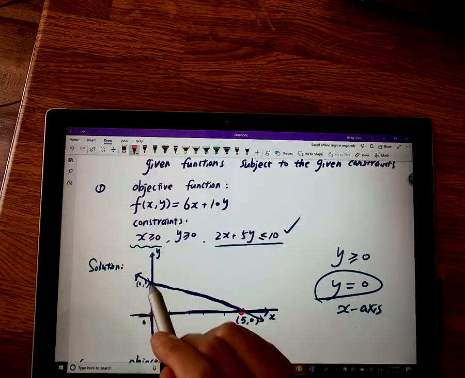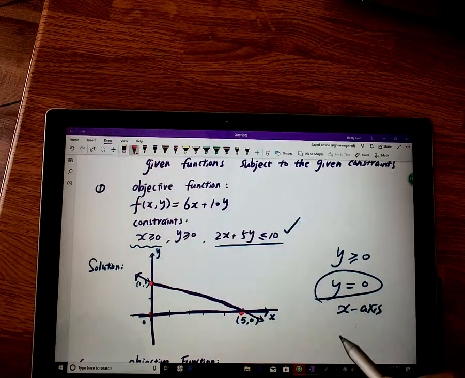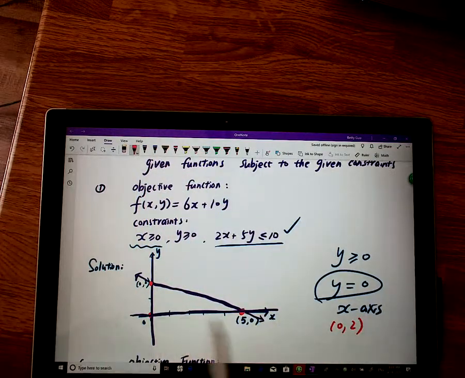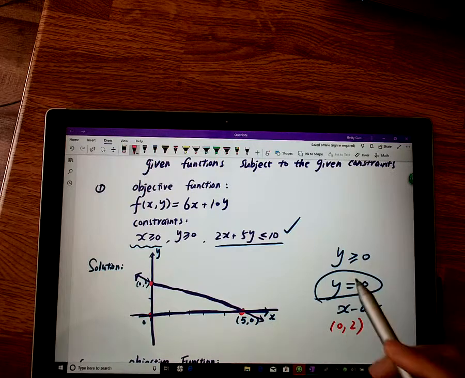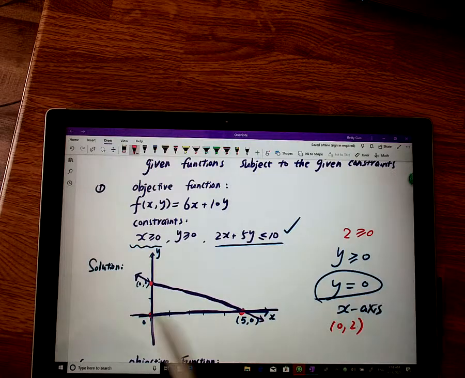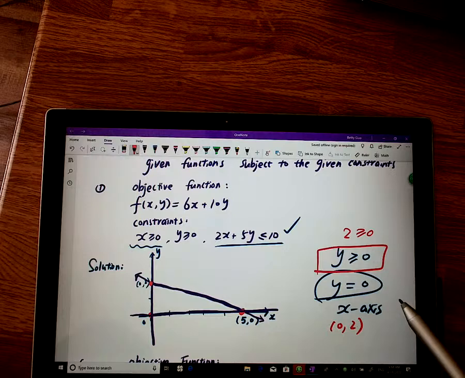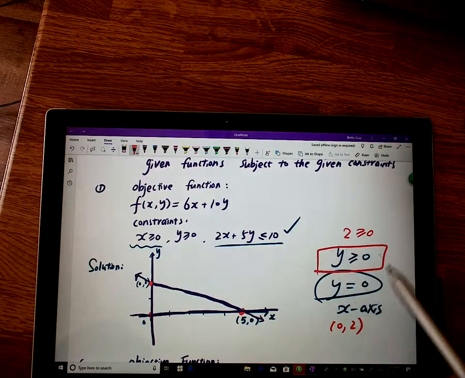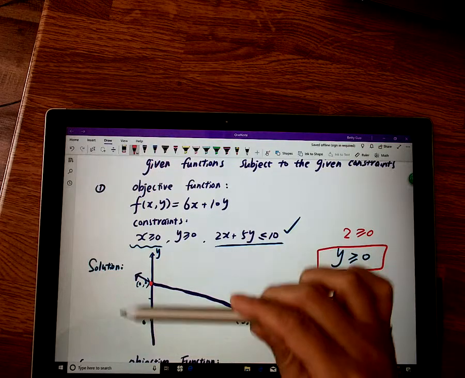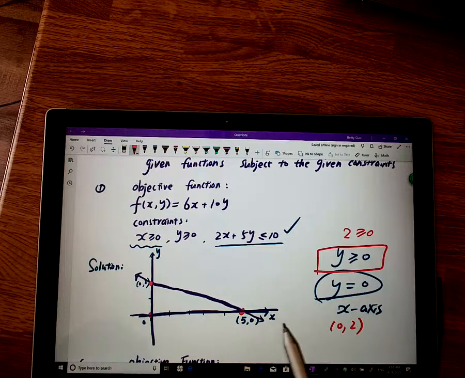This time maybe we can just use (0, 2) because it's already there. (0, 2) is a point not on the boundary. If we plug in y equals 2, we get a true statement. So that means (0, 2) is a solution of this inequality. That means the solution set is the half plane above the x-axis, including the points on the boundary on the x-axis.